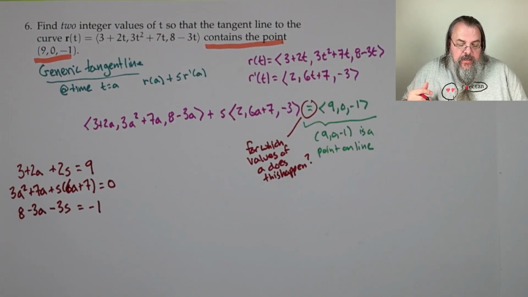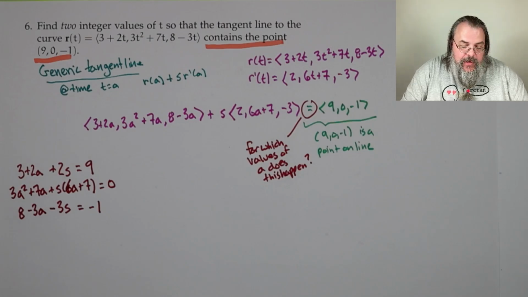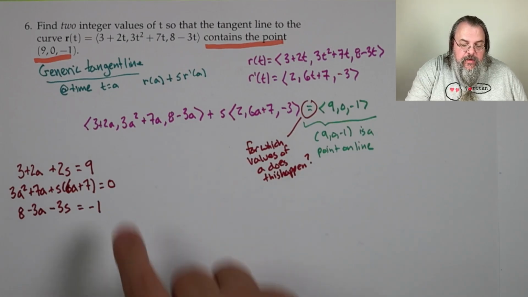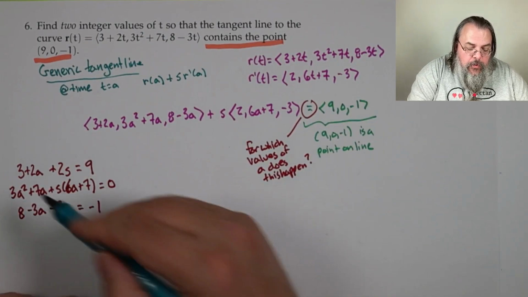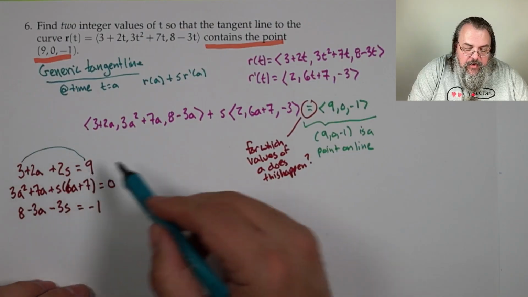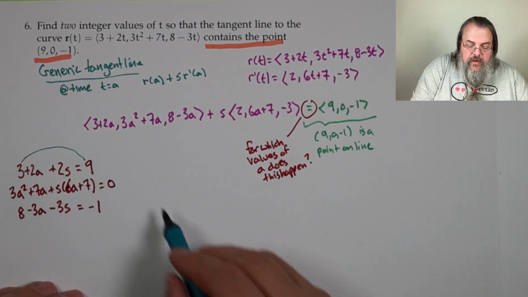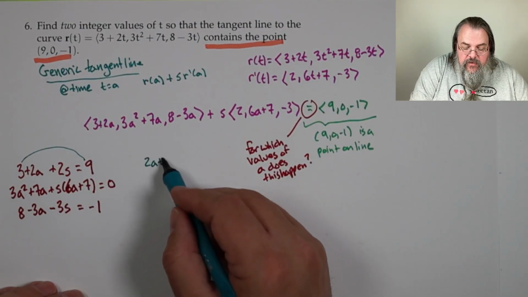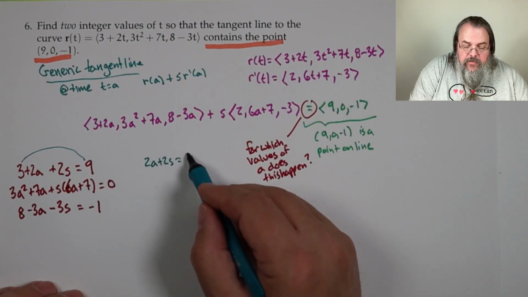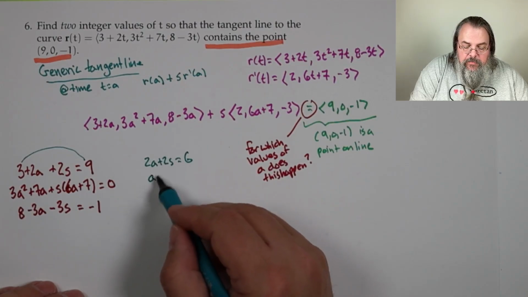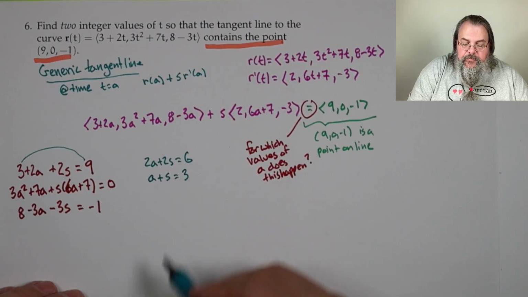Now, let's see what there is to see. If we start playing with this, let's look at the first and third equations, because those seem to be the easiest to move stuff around. We move the 3 across, then that becomes 2a plus 2s equals 9 minus 3, which is 6, or a plus s equals 3.